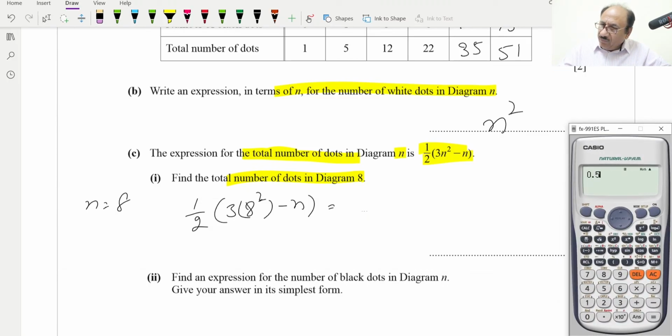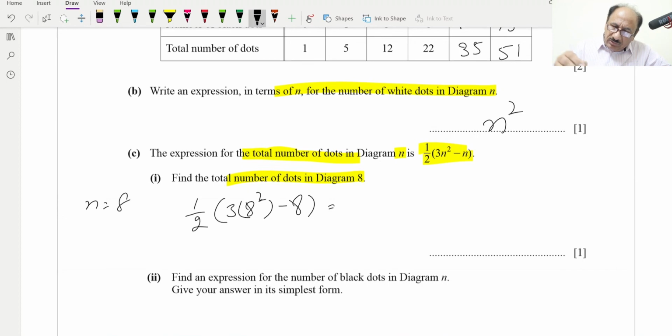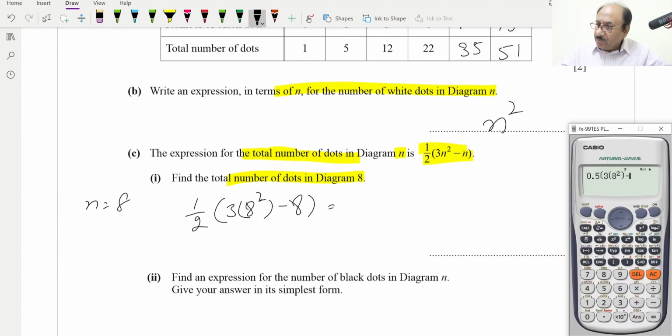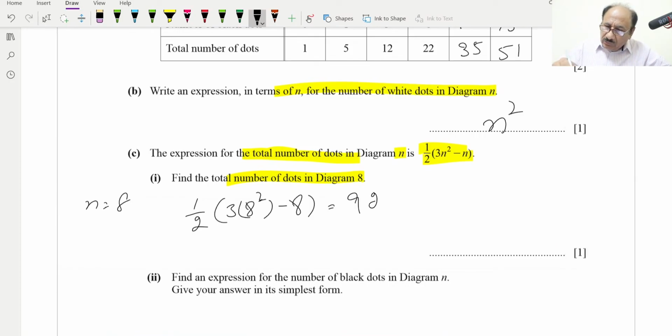So 0.5, which is half, into 3 and bracket 8 squared and bracket close, and minus 8, and this will be equal to 92. So this will be 92 over here.